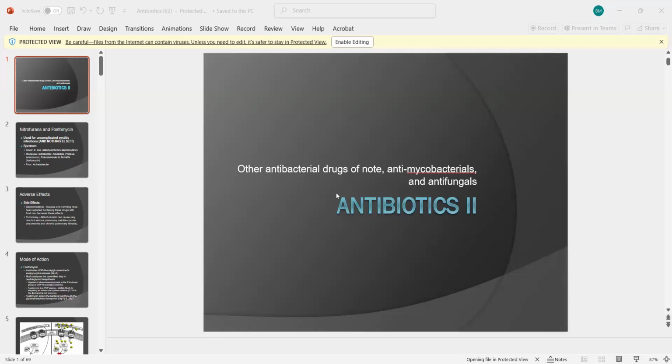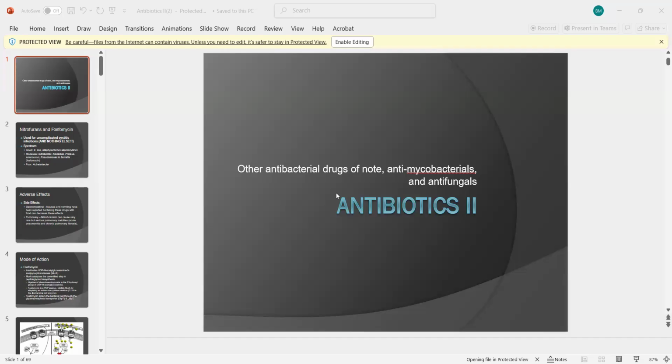Trimethoprim inhibits the dihydrofolate reductase, or DHFR. These are consecutive enzymes. The dihydropteroate synthase is inhibited by sulfamethoxazole, and the dihydrofolate reductase is inhibited by trimethoprim.